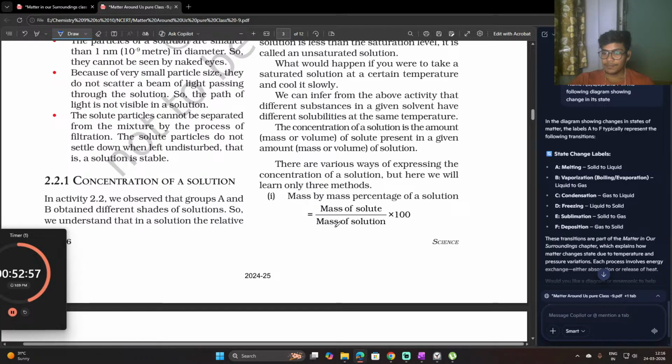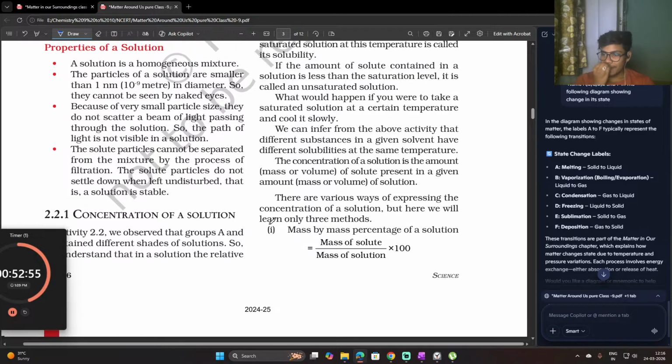There are various ways of expressing the concentration of a solution, but here we will learn only three methods.